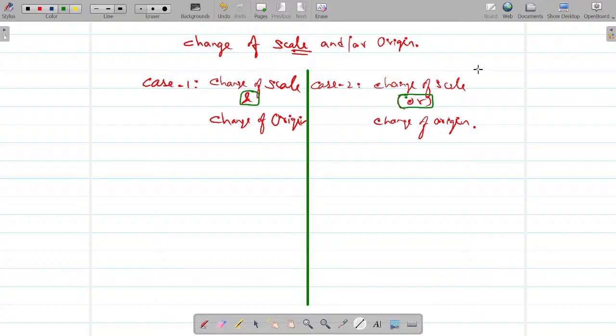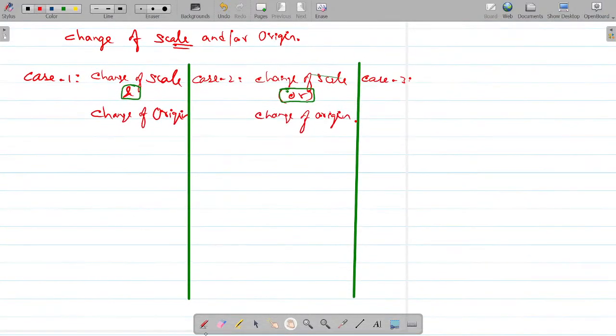Okay. Third case, actually we'll be dealing this way. Case three: change of scale and/or, which means what? Both.